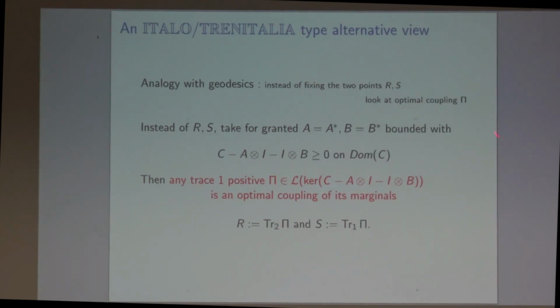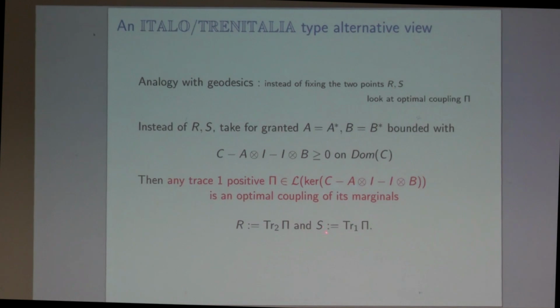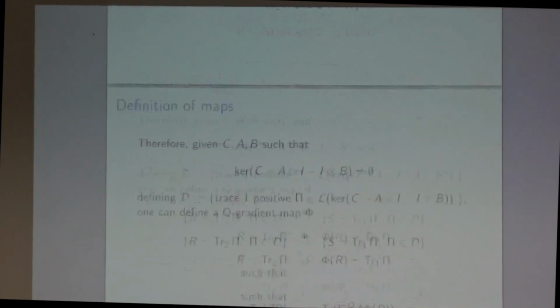It's a coupling. Then, what you can prove is that if I take the two marginals of pi, R and S, so now this is Bari, this is Milano, and this is a cheap train in my image.